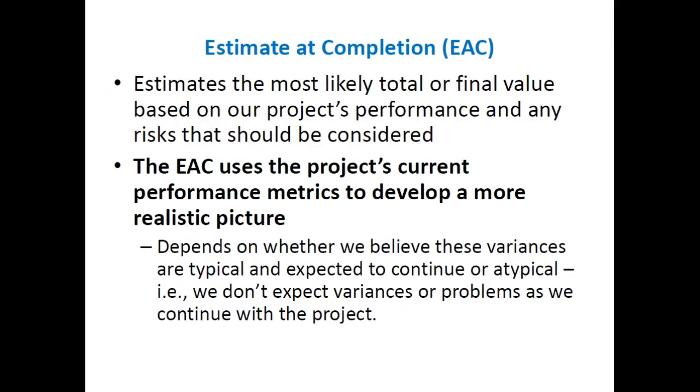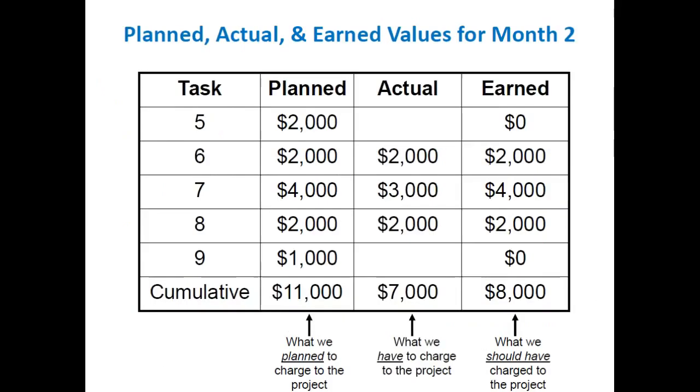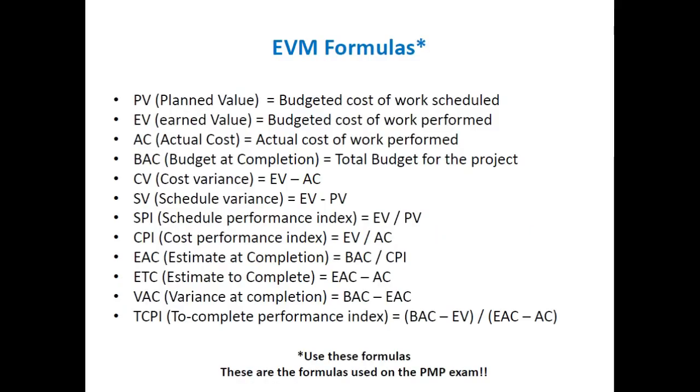Okay? So the estimate at completion, if we look at our very first slide again, is the budget at completion, which we know was 133,000, I believe, because it's the total budget for the project. But it's divided by the CPI. And what that means is you're using a current performance metric as one of the variables.